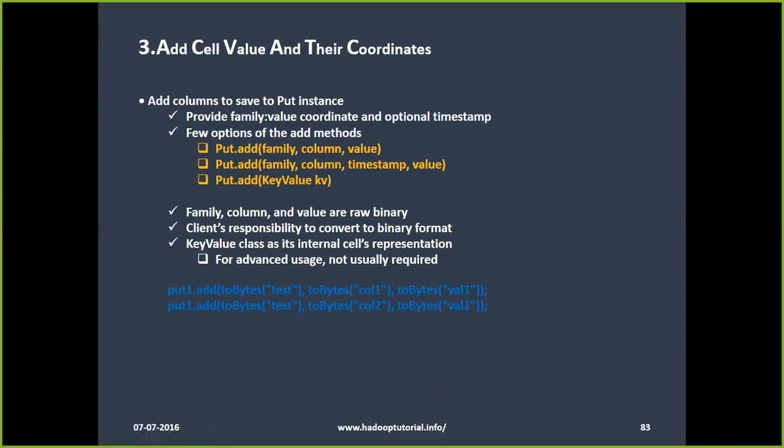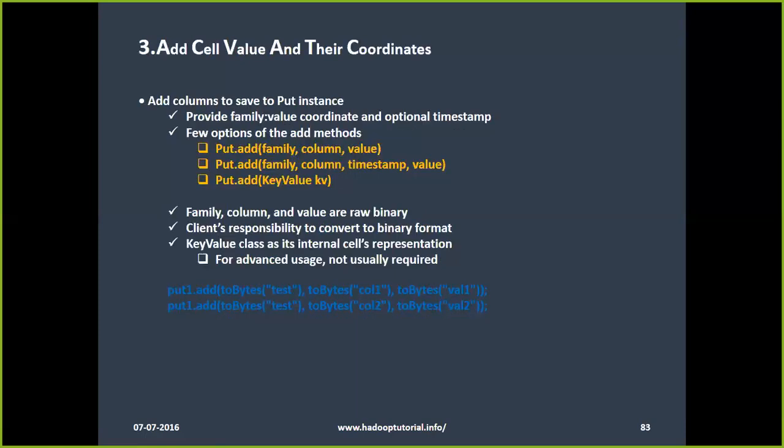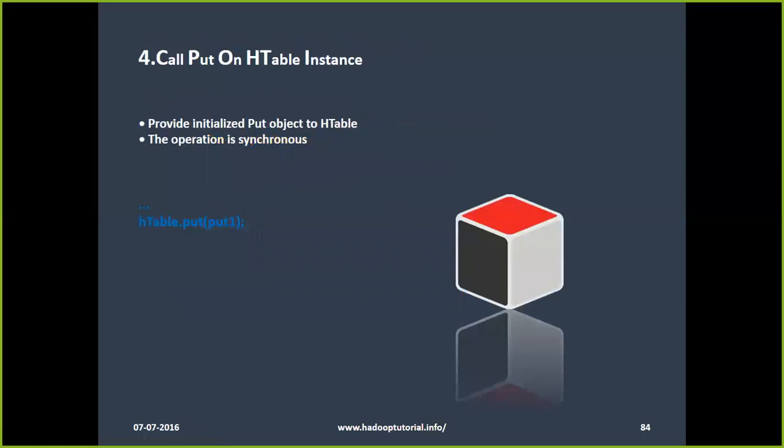Since HBase does not support any data types, everything is stored as binary bytes, so we have to convert everything into bytes: the column family name, column name, value, and even the row ID. While inserting data into your HBase tables, you have to convert everything into bytes, and while reading it back, it's our responsibility to read it back into the appropriate data types.